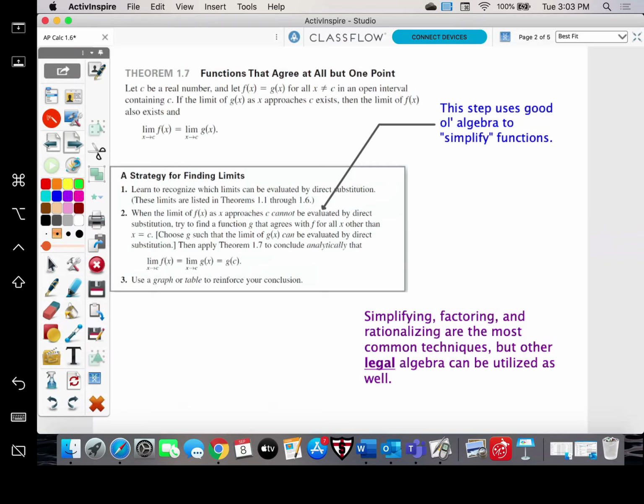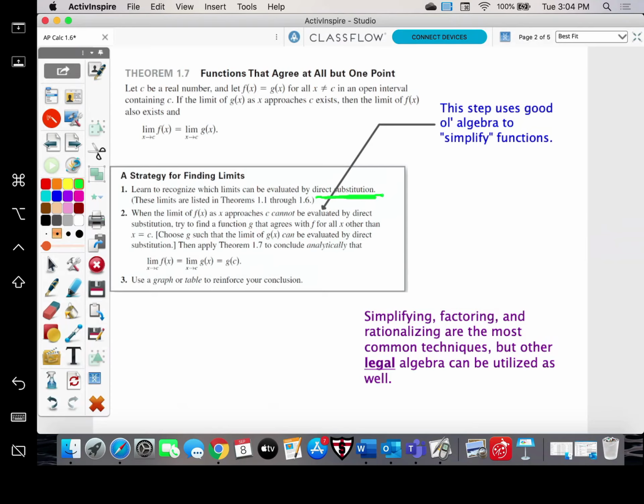So we have all of these strategies here. First, just be able to see what can be evaluated using direct substitution. We also want to figure out which ones are going to require us to use algebra. Things like simplifying fractions or factoring, maybe rationalizing.